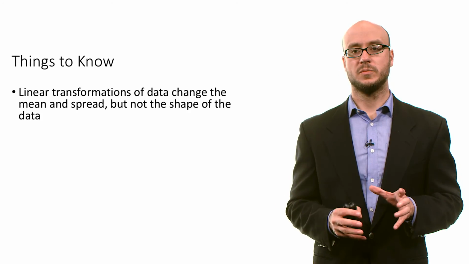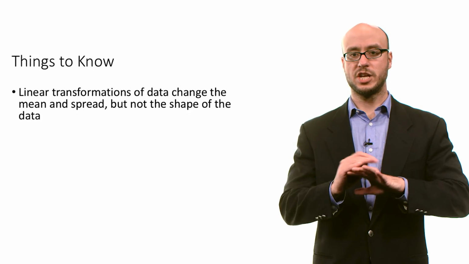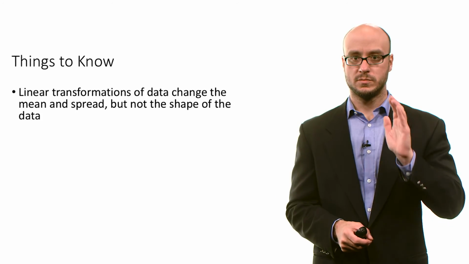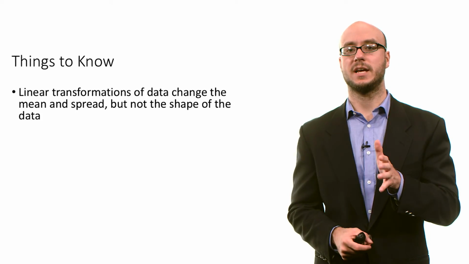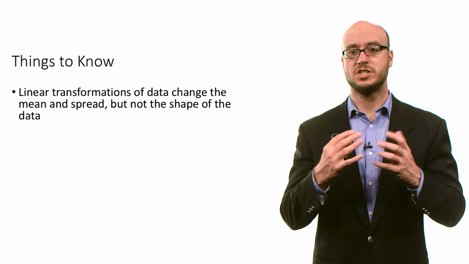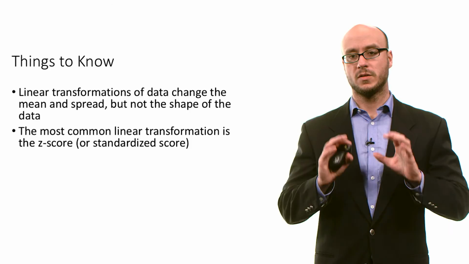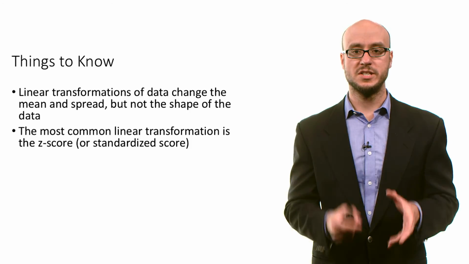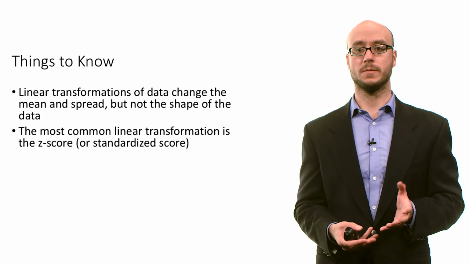So just to summarize, linear transformations, we like them because they change the mean and the spread. Okay, you're shifting and rescaling the data. Shifting in terms of the mean and rescaling in terms of the spread. But we're not fundamentally changing the shape of the data. The most common linear transformation you'll encounter is called the standardized score, or the z-score, or sometimes just the standard score.